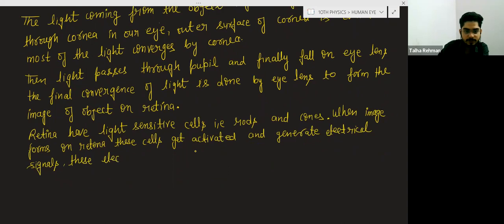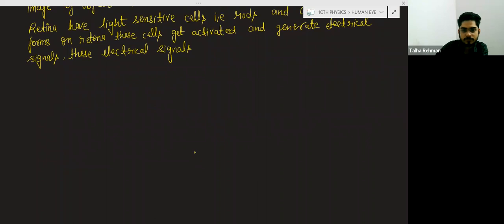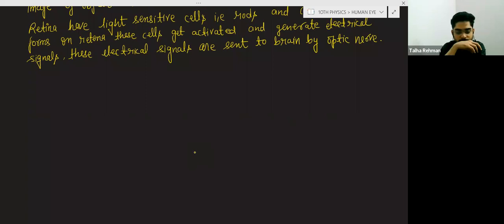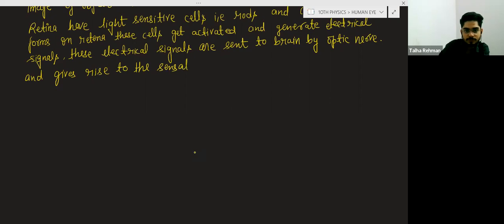These electrical signals are sent to the brain by the optic nerve and give rise to the sensation of vision.